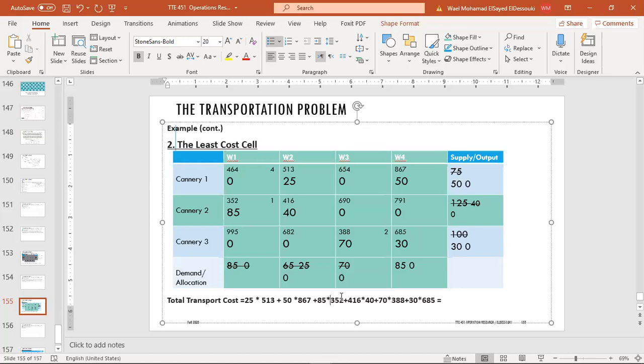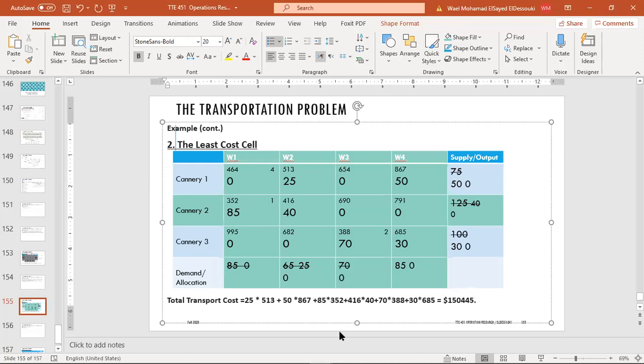That's 85 multiply. 150,000 and 445. Okay, thanks Muhammad. Okay.